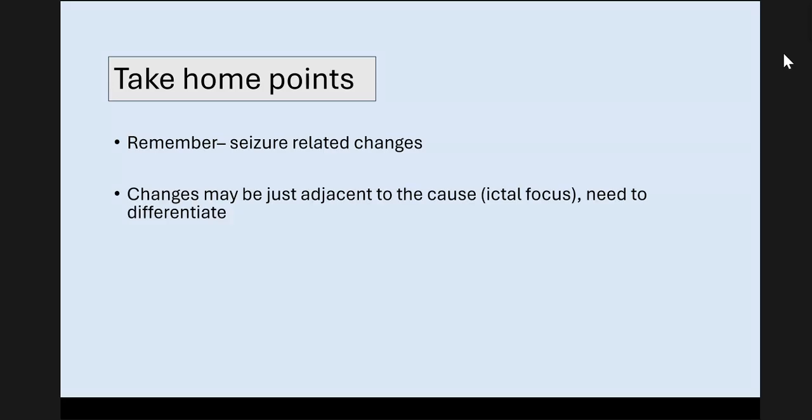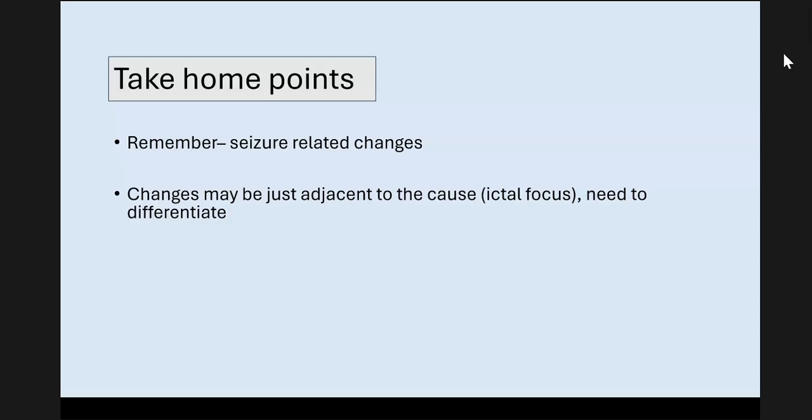So, take home points from the last three cases. Remember seizure-related changes as an entity. So, when you review a scan in a patient with seizures, what you see may not be the cause of the seizures, rather it may be the result of repeated seizures. They have typical appearances, so usually involves the gray matter, cortical ribbon-like diffusion restriction, and the changes may often be adjacent to the actual cause of the seizures.